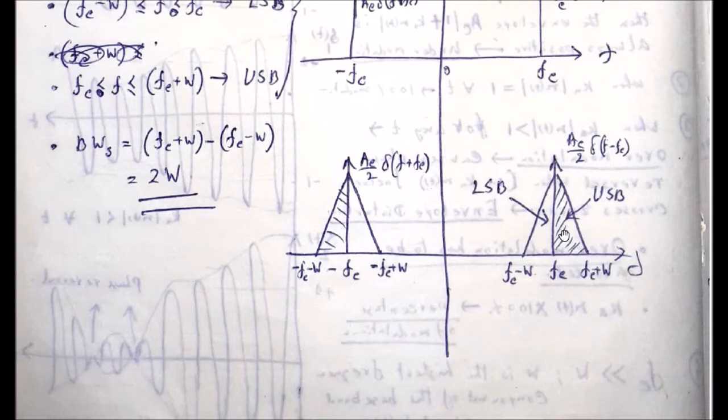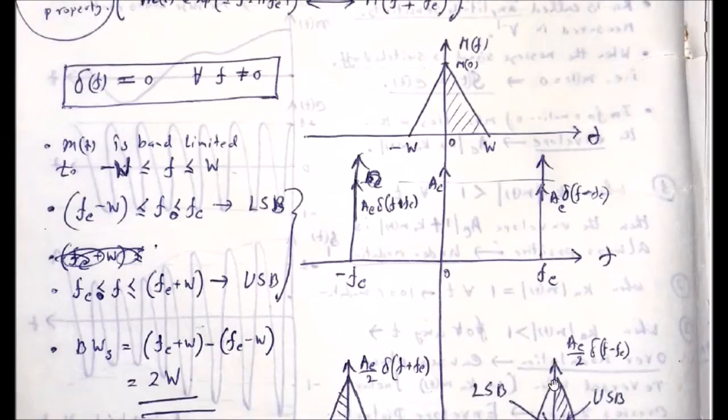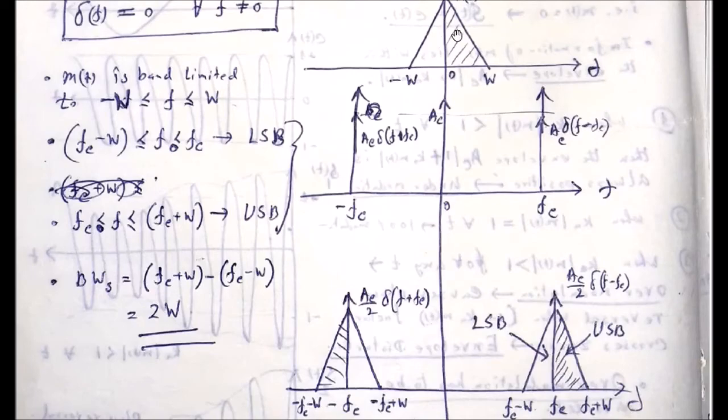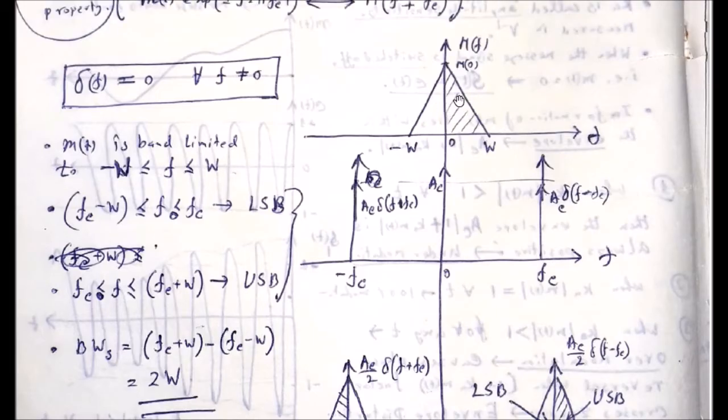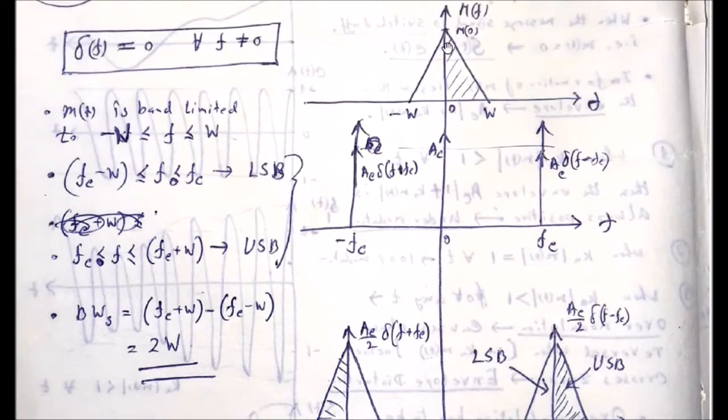So these two are the frequency domain representation of the modulated waveform. Now see that the modulated waveform has this kind of form, which is similar to the message waveform in the frequency domain. But for the message signal, the physical portion is from 0 to W. You should not consider from minus W to 0, because it is the imaginary component and should not physically exist.